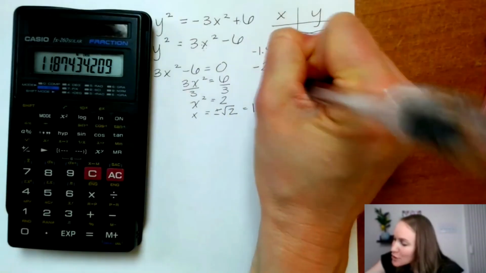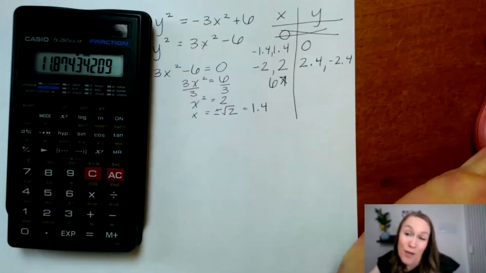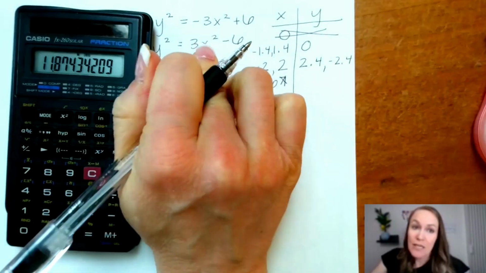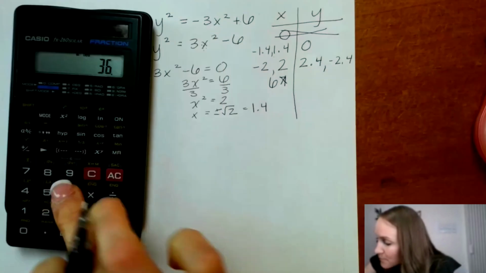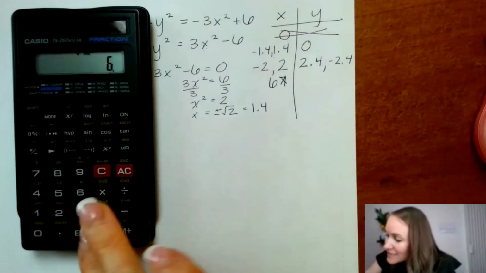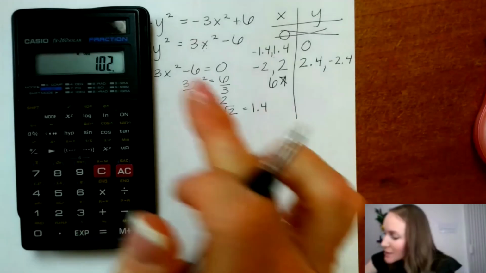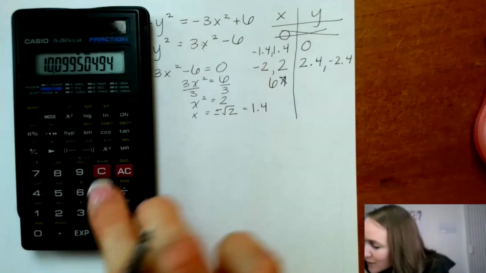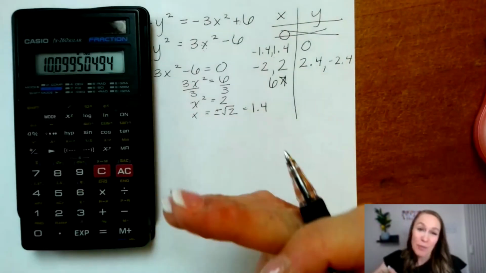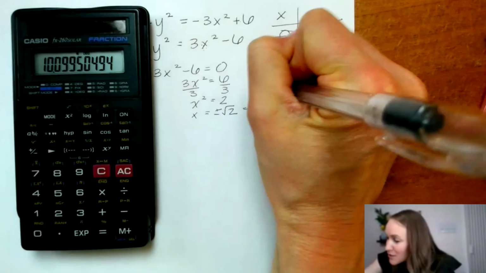So actually, I'm going to choose 6. Let's see if 6 will work. 6 squared is 36. 36 times 3 is 108. Minus 6 is 102. And let's take the square root. Ah, that's more than 8 as well. And I really want to keep it on my graph. So I'm actually not going to use 6.